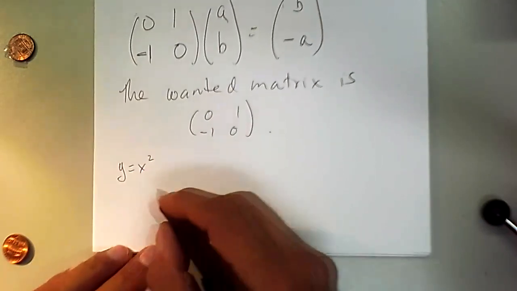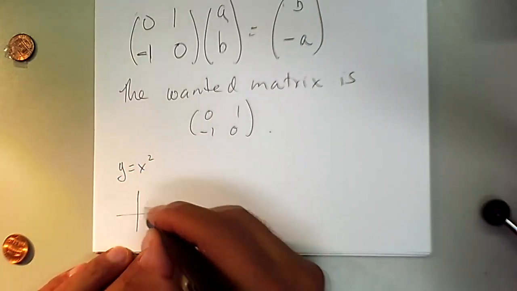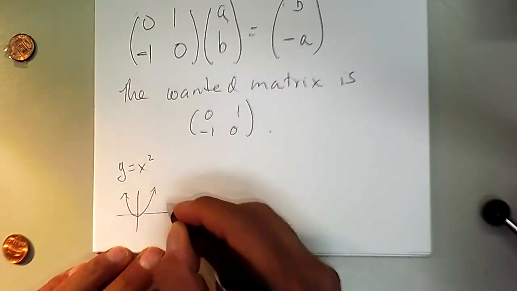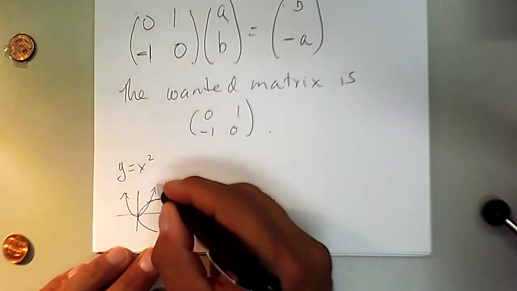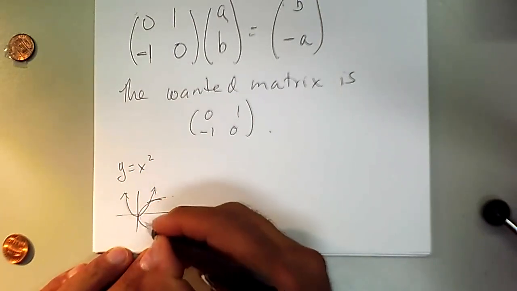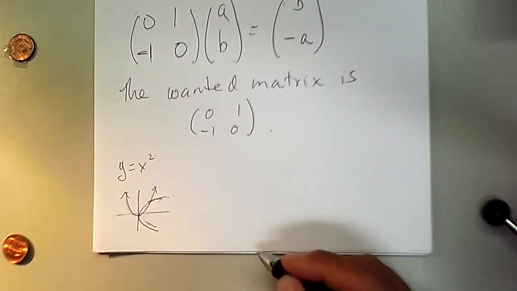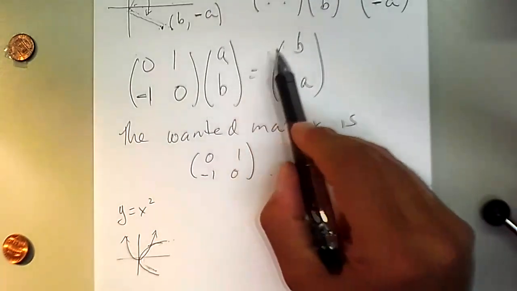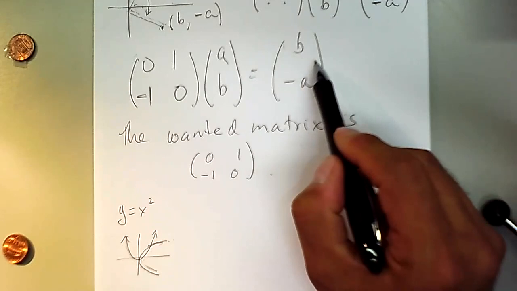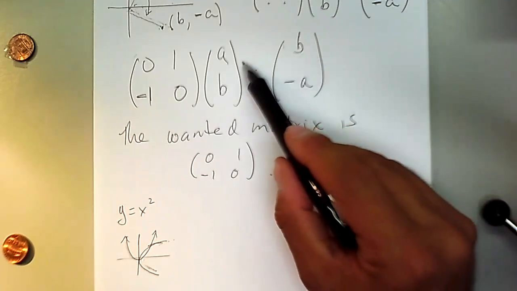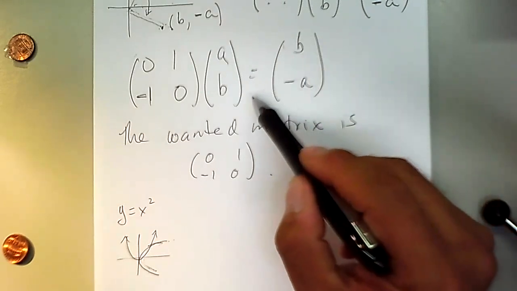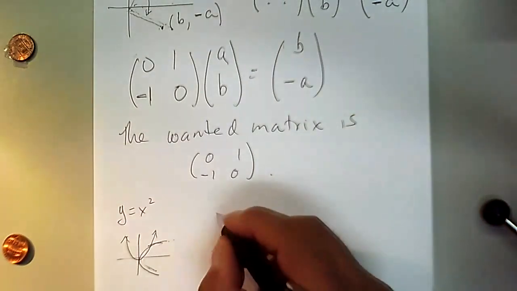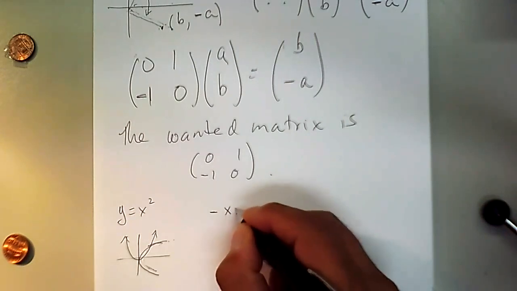That's not too exciting, I suppose, because we know what it is, but so we can come up with a, so this is the regular parabola, and we want it to be this way. So according to this, what we have to do is change all the x's with y's, and then the y with negative x. So negative x.